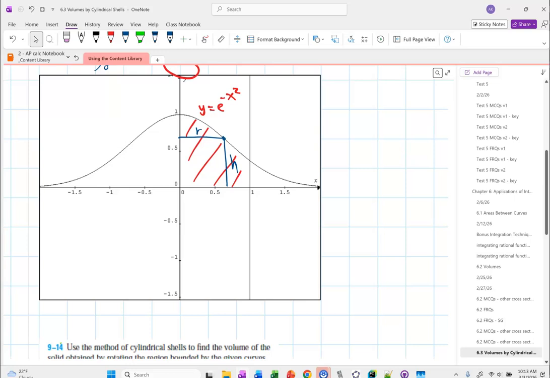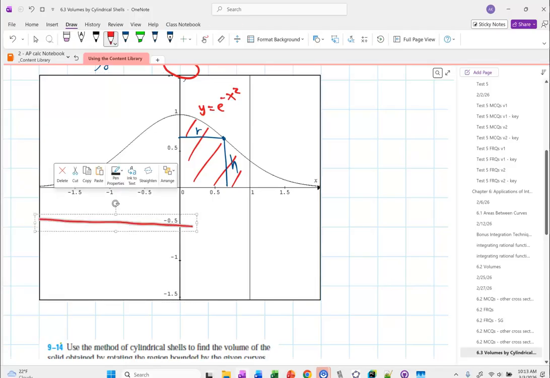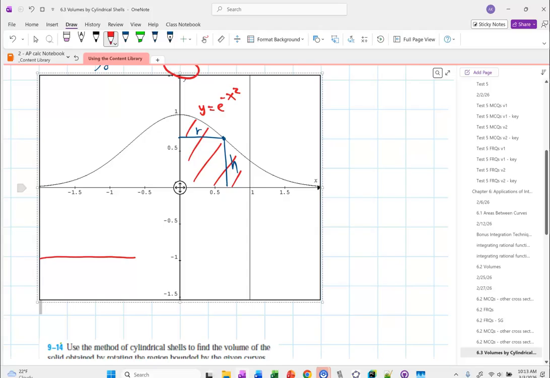But if in this problem, instead of it being bounded by the x-axis, it was bounded by y equals 1, now the shaded region would be this. So the height would be f of x plus 1. The height is just the function plus or minus some constant. We can do that fairly easily, and it's still well within your capabilities. So I would say not necessarily. Does that feel okay?